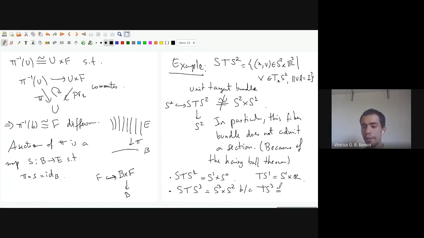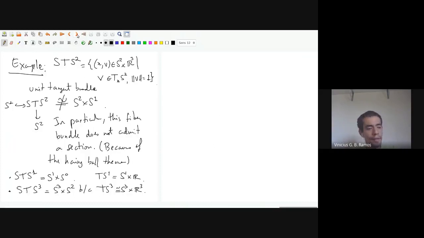So there is a diffeomorphism between it and S3 times R3. So when you look at the unit elements, you have a bijection to S3 times S2. Okay, this was just a little tangent about fiber bundles.